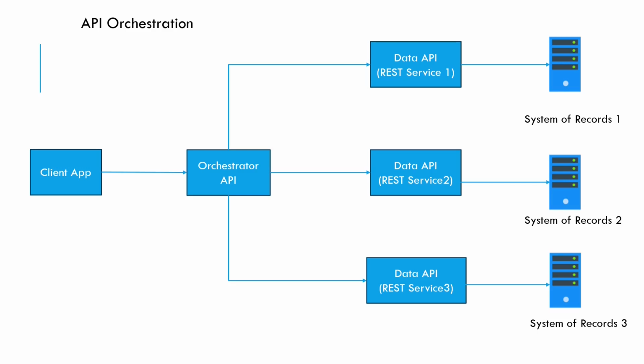So the aggregation or composition of responses which it got from all data APIs, it has to merge them in such a way that it is meaningful for the client app. So this whole process where we abstract the various calls that are happening between the orchestration API, the data APIs and the SORs or databases from the client is called API orchestration.